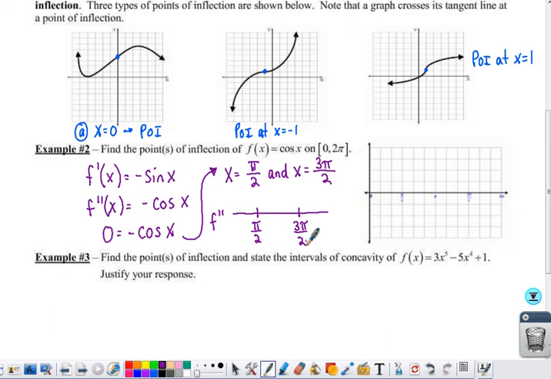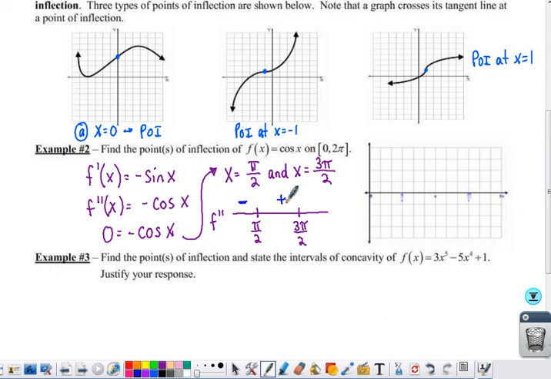So plug in a test value for f double prime that's on the left side of pi over 2. And what I'll do is I will test 0. And when you do that, you get a negative result. If you test a value in between pi over 2 and 3 pi over 2, you can test pi.